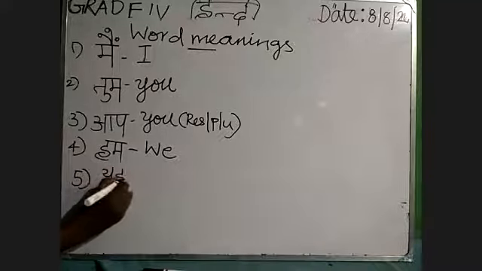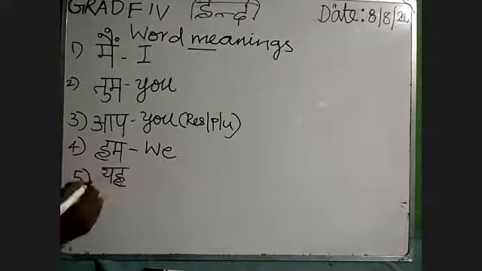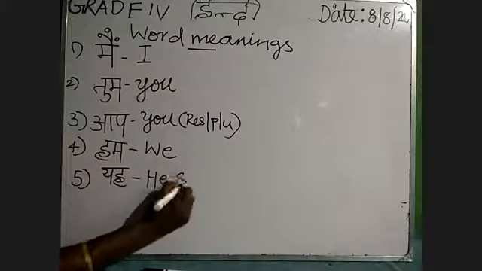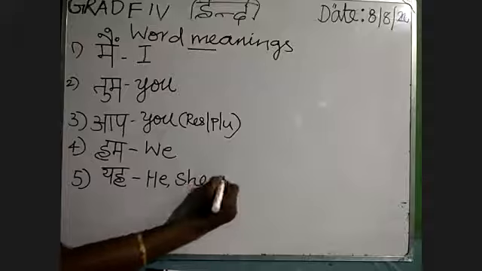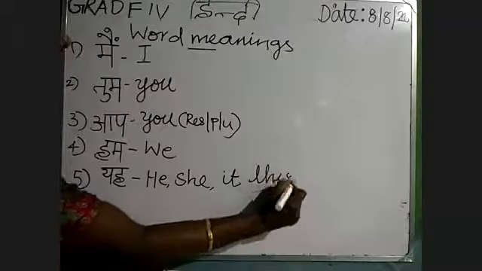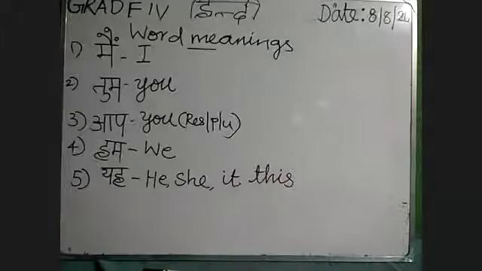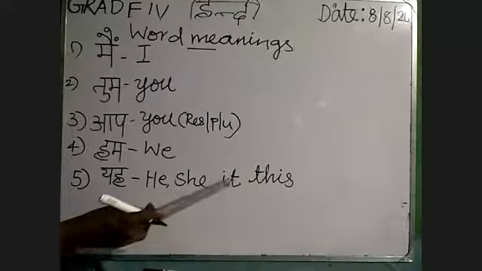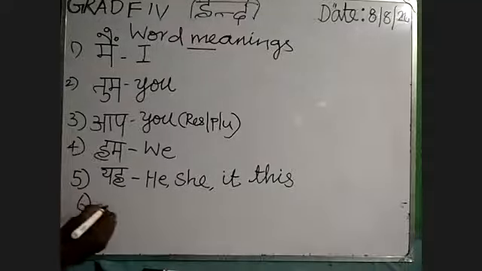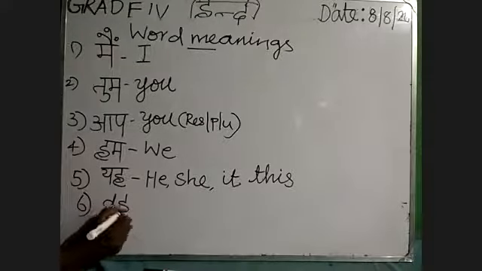Fifth one, ya, ha, yah. Yah means he, she, it, this. Sixth one, va, ha.